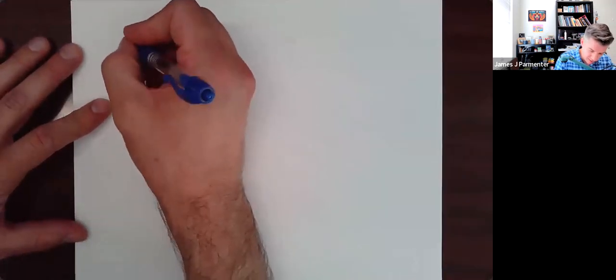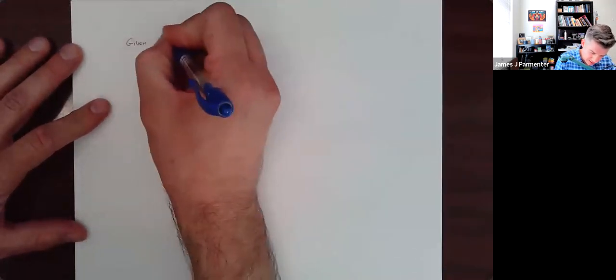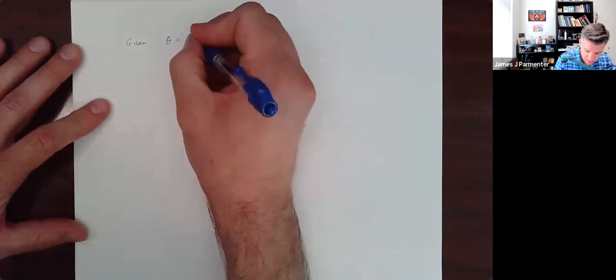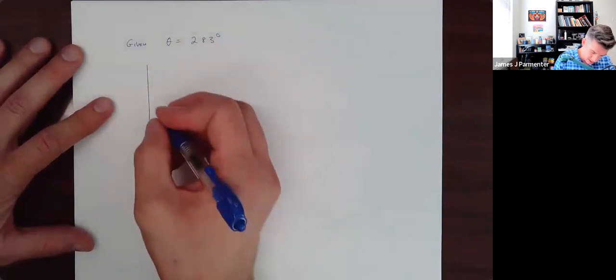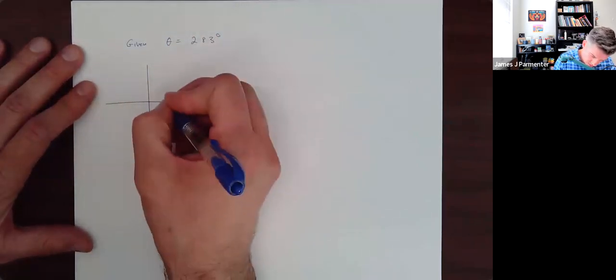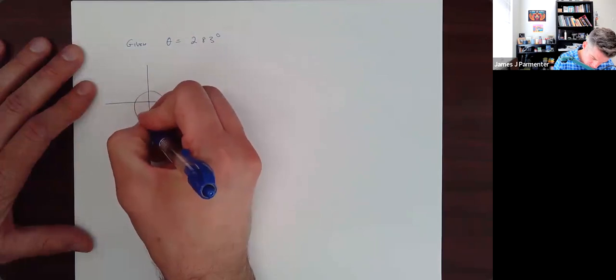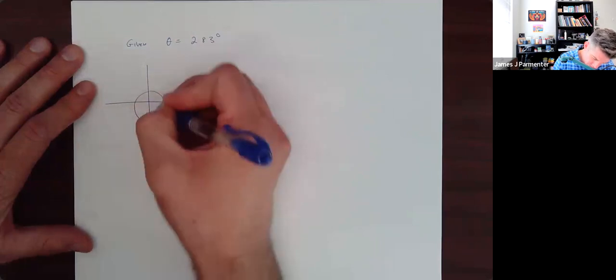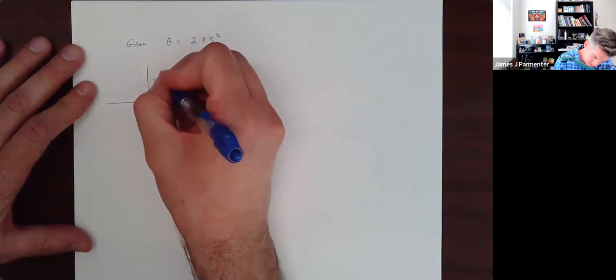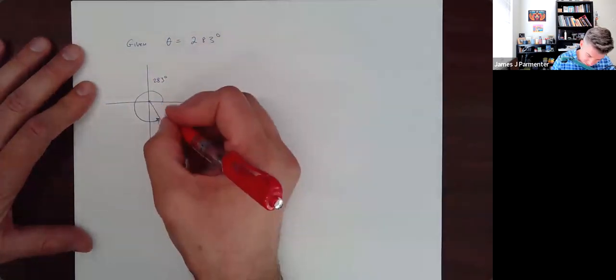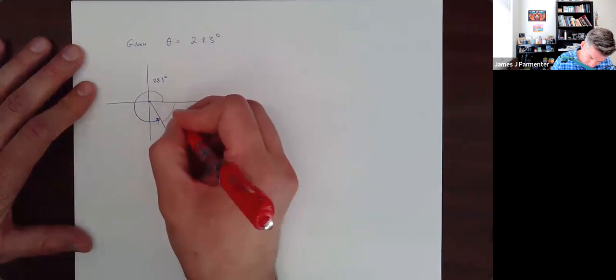Let's say our given angle is theta equal to 283 degrees, which I know is bigger than 270, but not as big as 360. So it's going to be right about there. And then we know that the reference angle is going to be this leftover amount here.